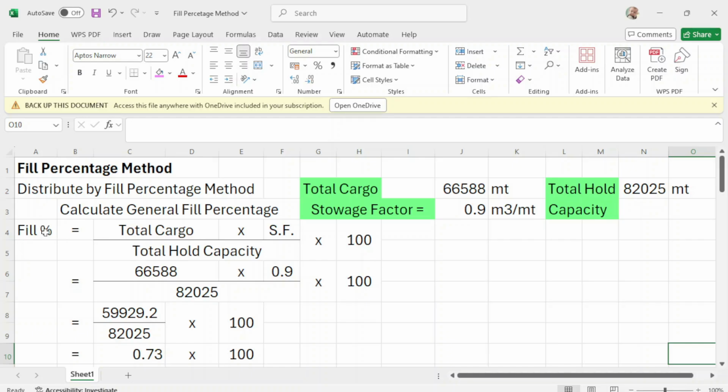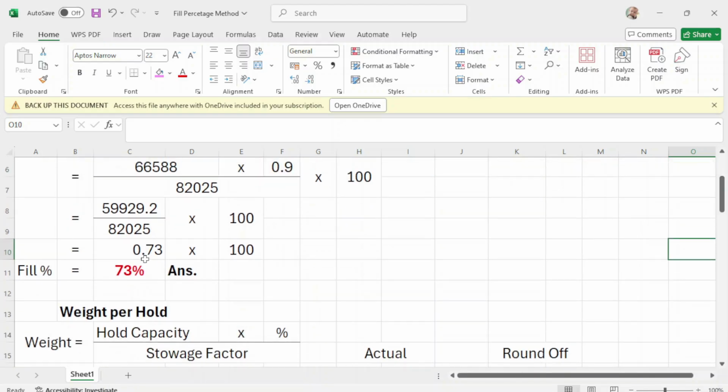Then this is the formula for percentage, which is total cargo, 66,588, times your stowage factor of 0.9 cubic meter per metric ton, over the whole capacity of 82,025, times 100, then you get the value of your percentage of 0.73. That will be 73%.